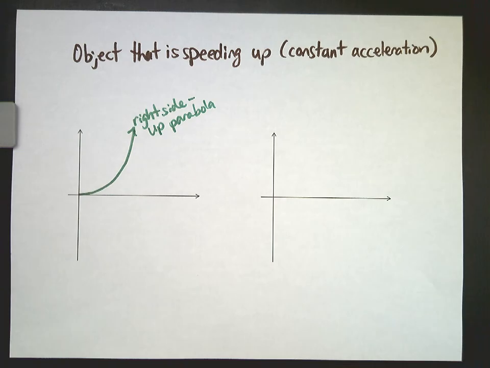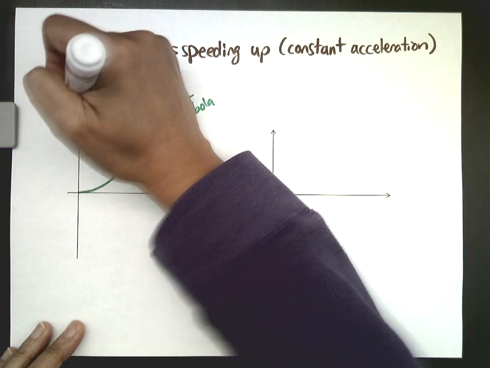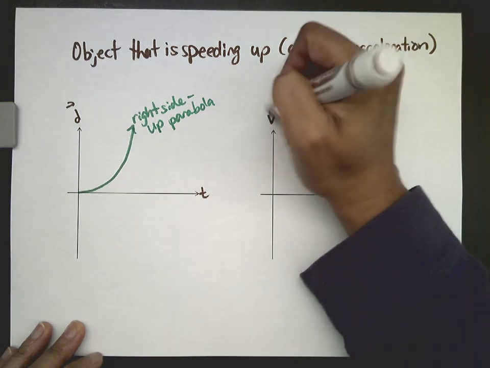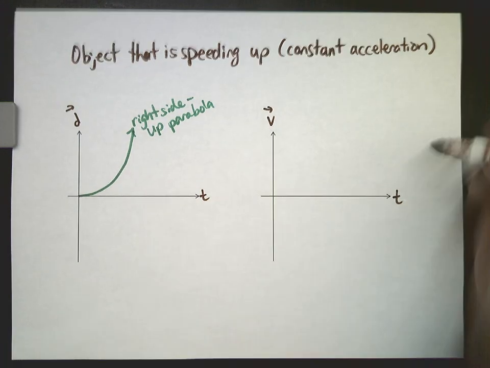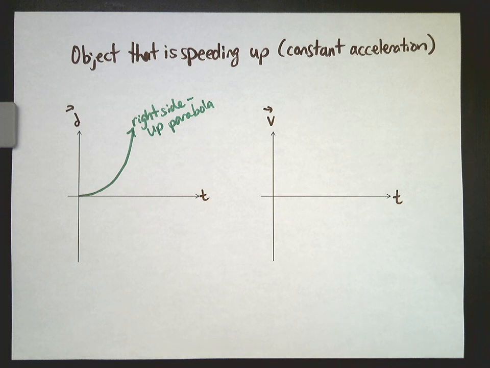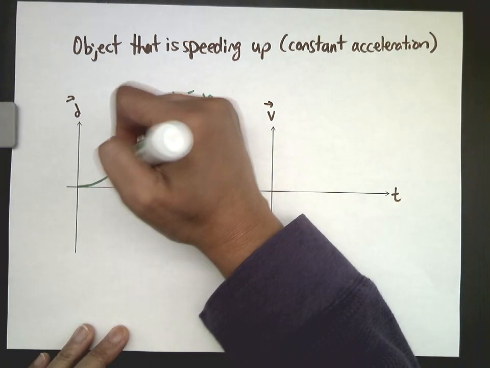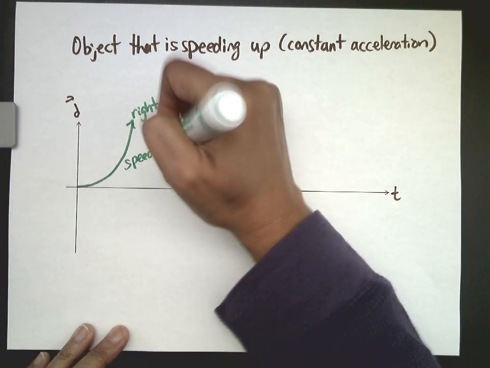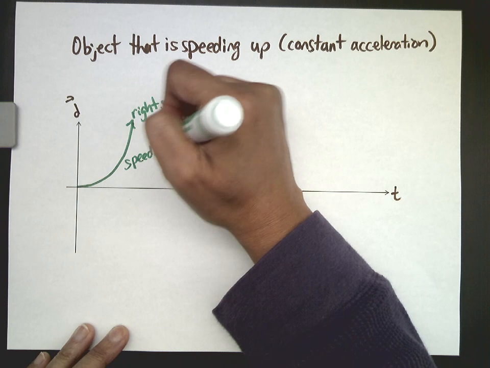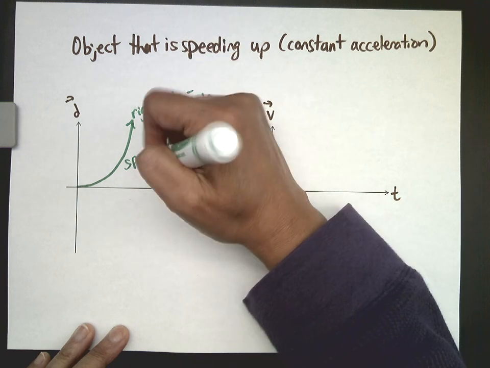All right. Keep in mind that this is on a position time graph, and we're now going to draw the velocity time graph. This here is speeding up, and we are going forward.